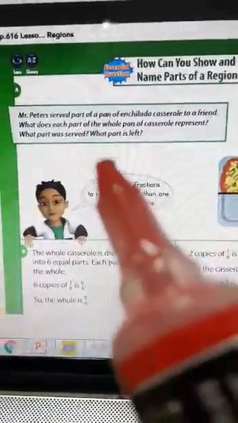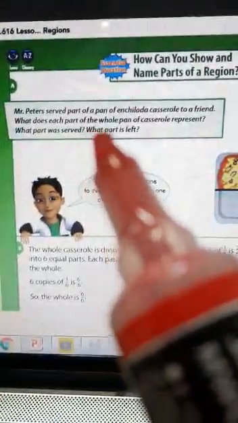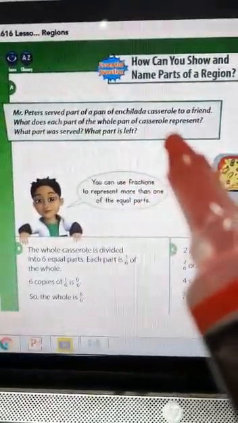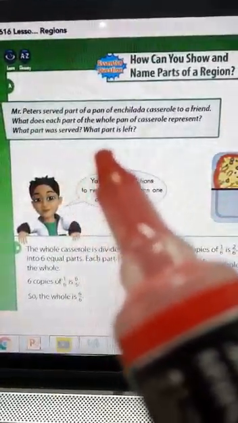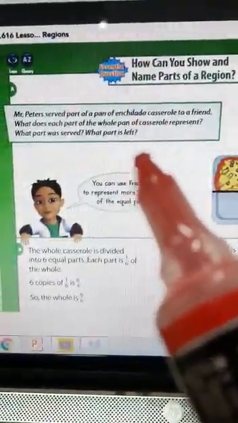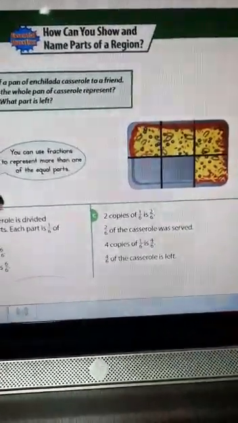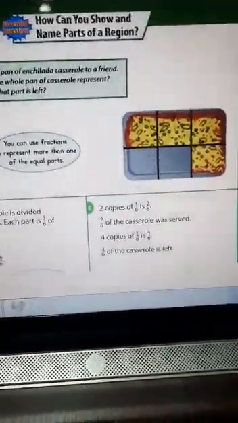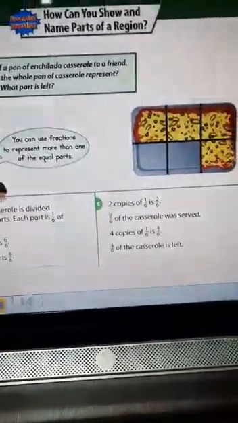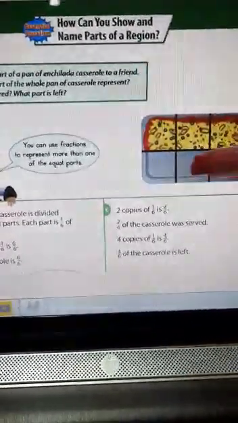It's one kind of food. What does each part of the whole pan of casserole represent? What part was served, what part is left? Like what we did before with the garden. Here they are preparing already the shape. They said here he served how many?